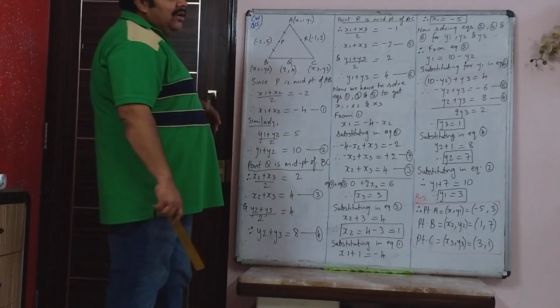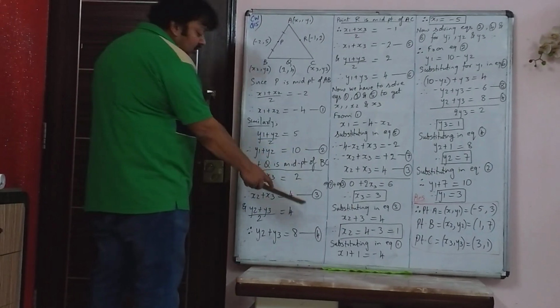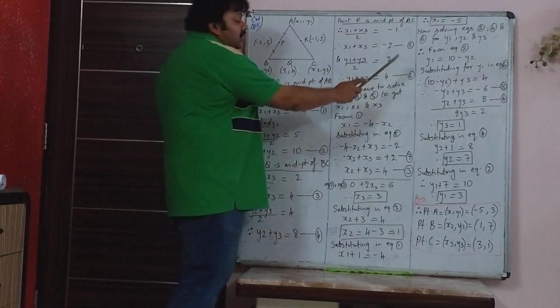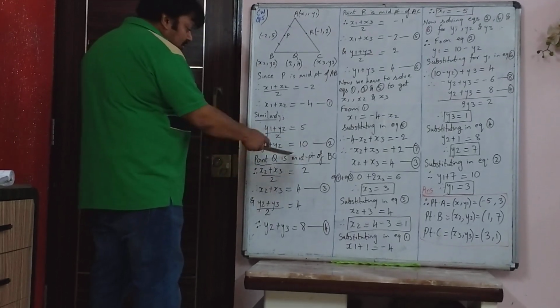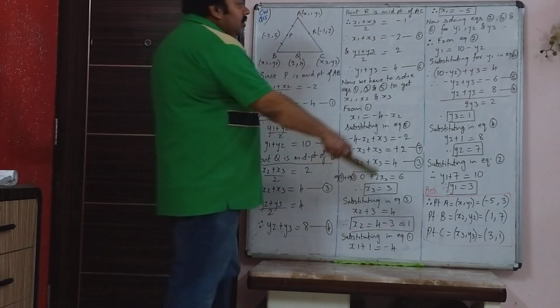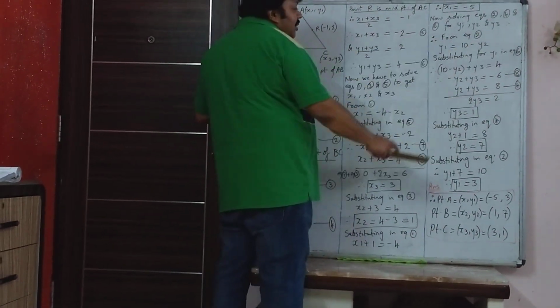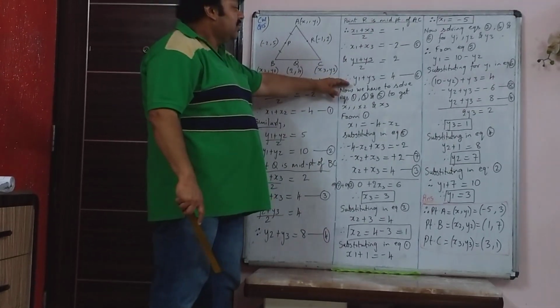Now to get the y coordinates, y1, y2, y3, you have to solve equations 2, 4 and 6. In equation number 2 you can say y1 is 10 minus y2. So you are writing y1 is 10 minus y2, and this y1 I will substitute in equation 6.